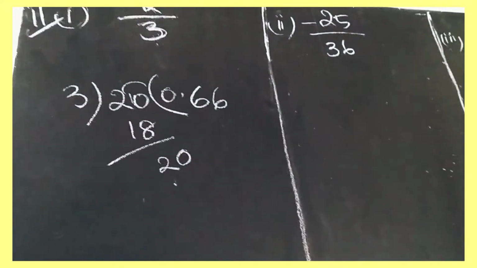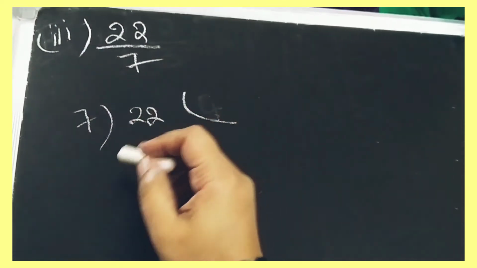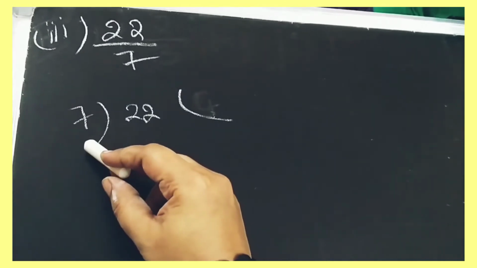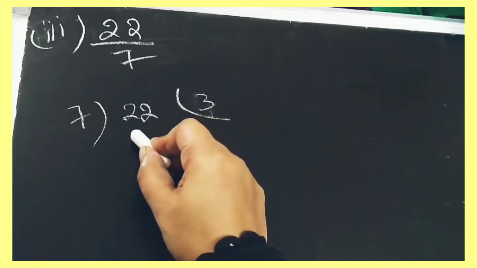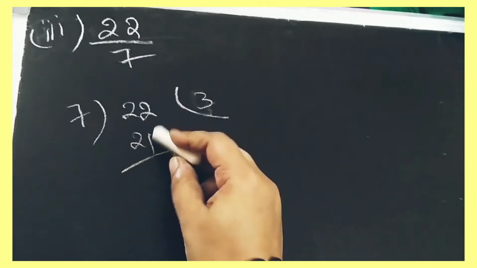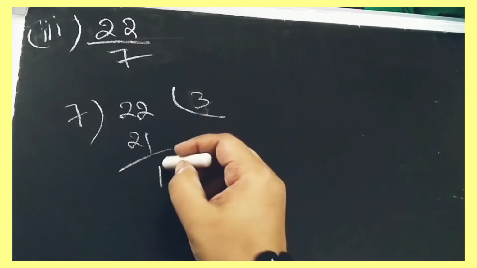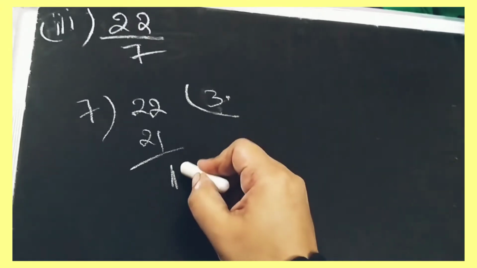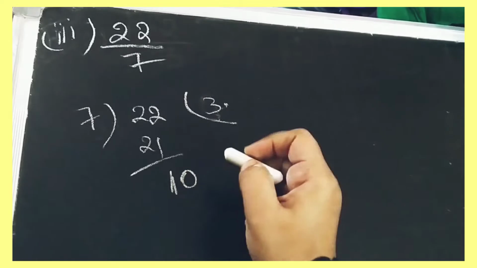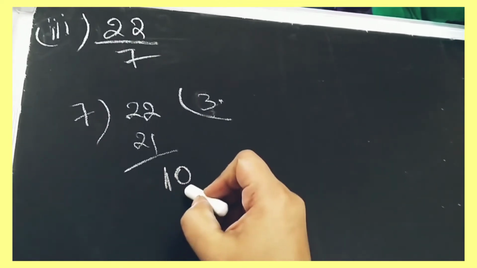Now third bit is 22 divided by 7. So how many times these 22 goes in 7 table? We can take here 7 3s are 21. So here 2 minus 1 is 1. So again what we have to do here, we have to write here 1 point and we have to write here 0. So this 1 will become 10.